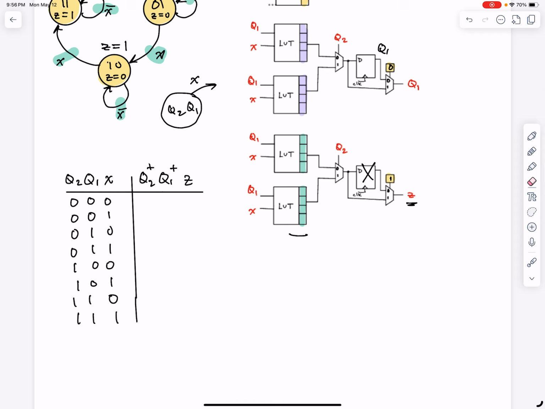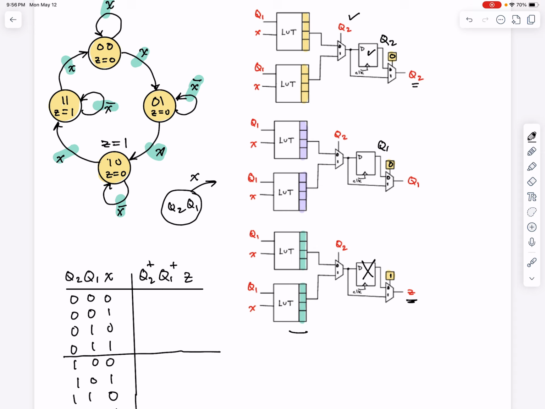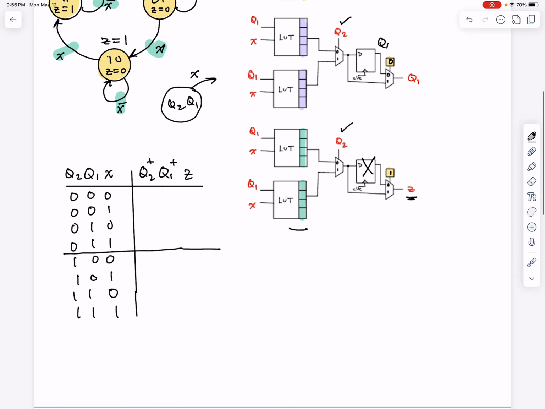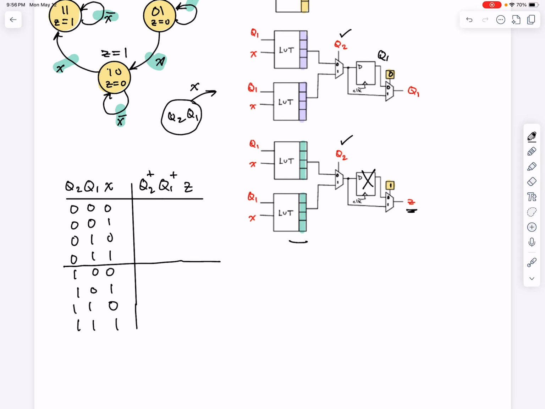I've drawn the next state table already, and this is the format that makes most sense because Q2 is controlling the multiplexer that feeds the inputs to the D flip-flops and the combinational logic for output Z. So I fill out this next state table and I can determine what the connection should be. Let's go ahead and make that happen.